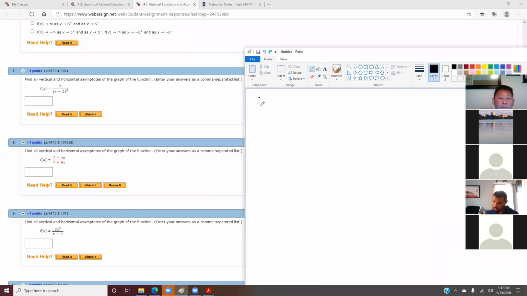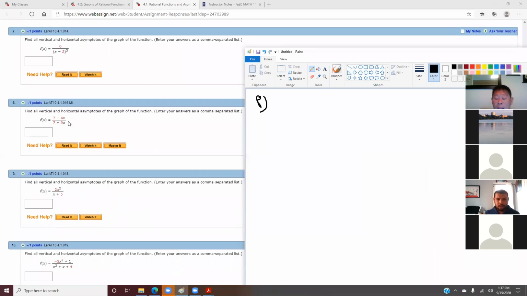Can we factor this 7 minus 4x? Can we factor 7 plus 9x? Can we factor that? Factor including GCF, the greatest common factor. Can we factor this?